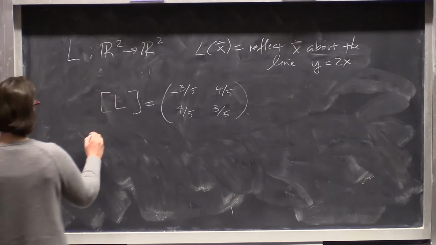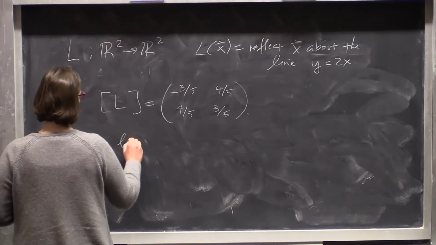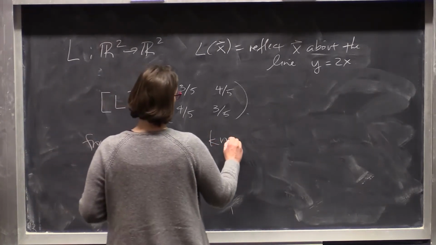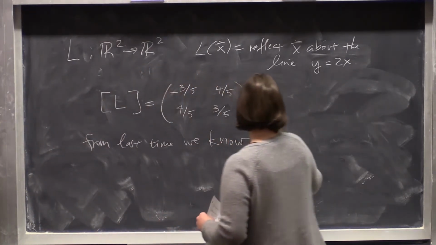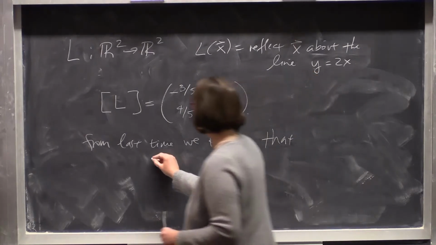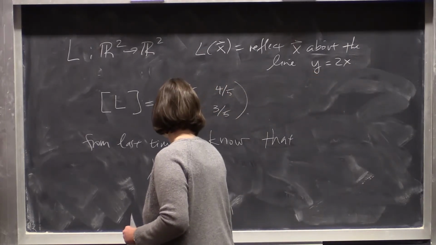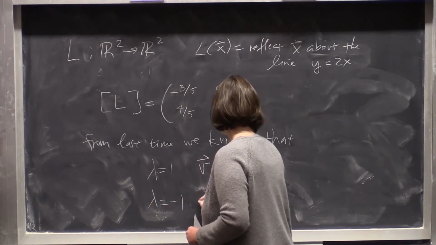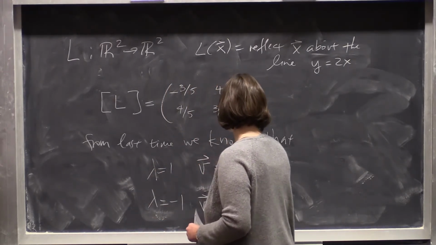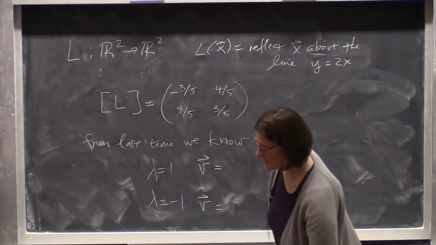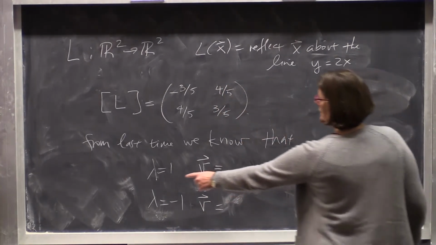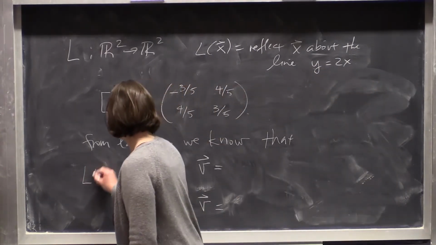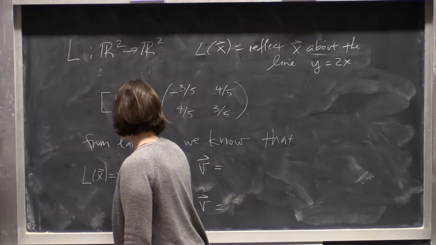And from last time, we know geometrically that lambda equals 1 and lambda equals -1 are the eigenvalues, and corresponding eigenvectors. So if lambda equals 1, then that's telling you that L of x is equal to x.